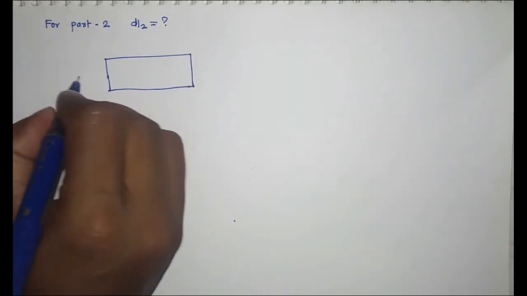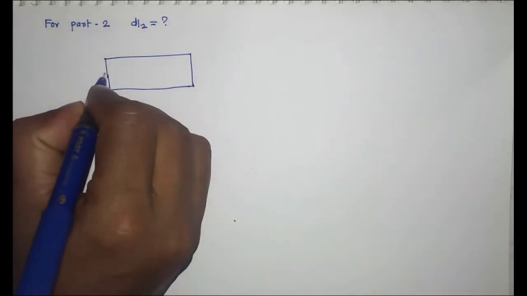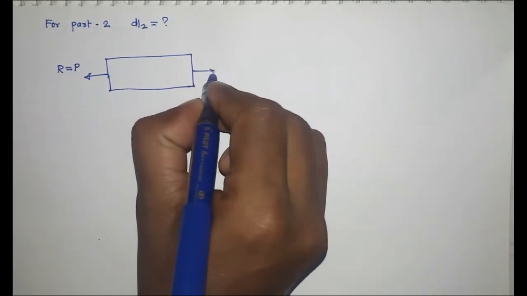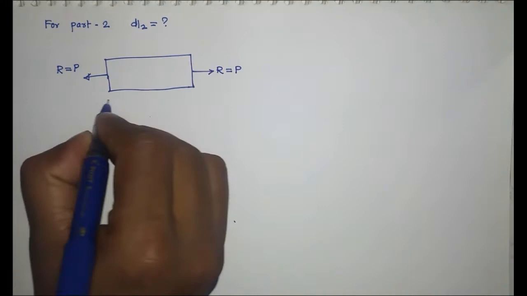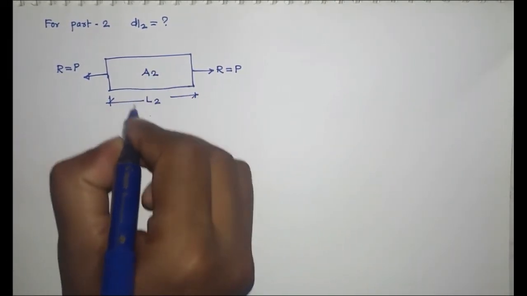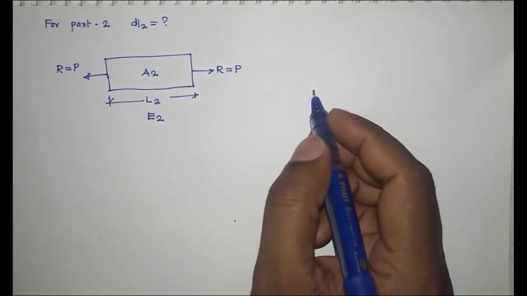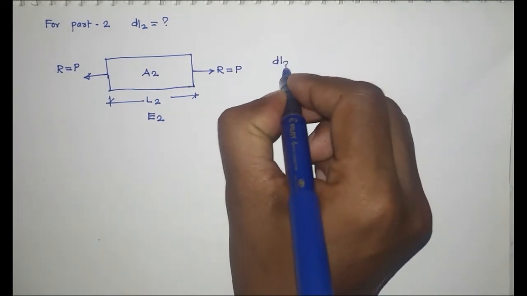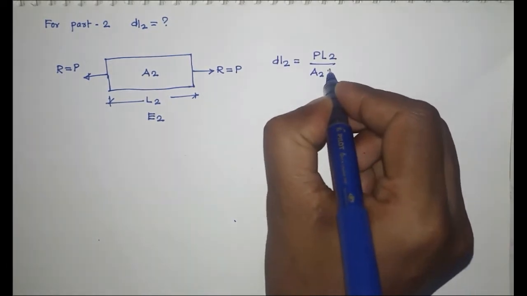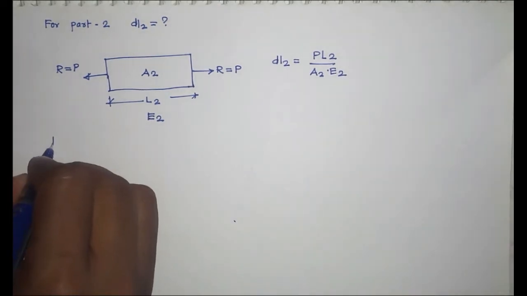In the first part we have seen that there is an equal and opposite force, so there will be an equal and opposite force in this direction, which is R, nothing but P. On this side also R equals P. The length of this is L2, area will be A2, and modulus of elasticity is E2. Now from this I can write dl2 is equal to PL2 divided by A2 into E2. Once you do this, we will go for part 3.